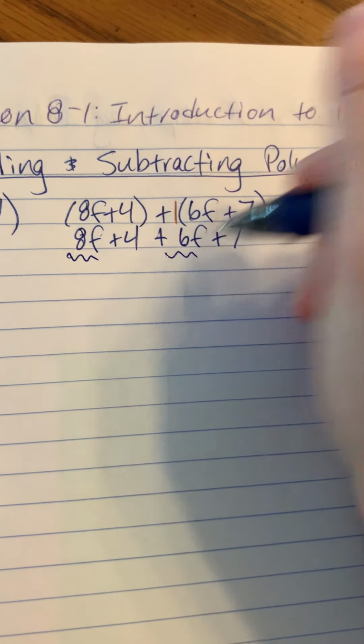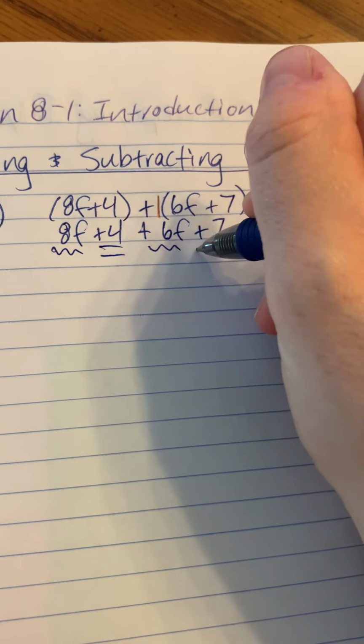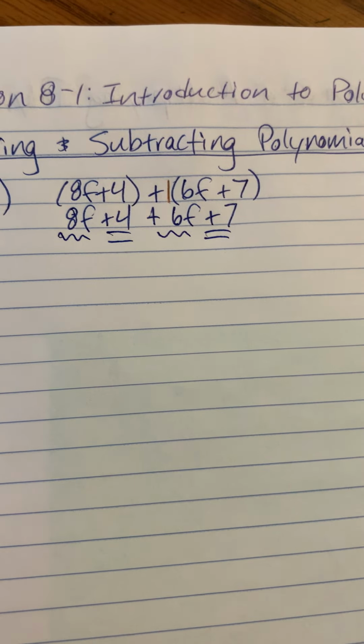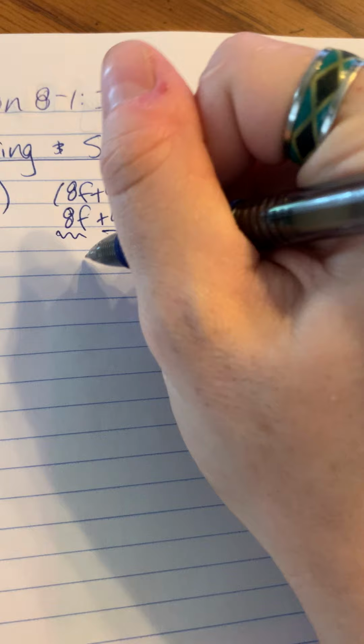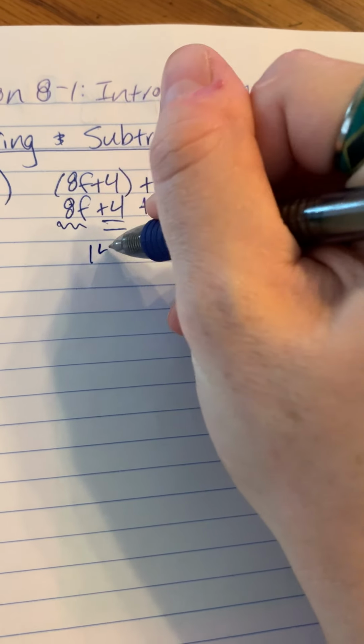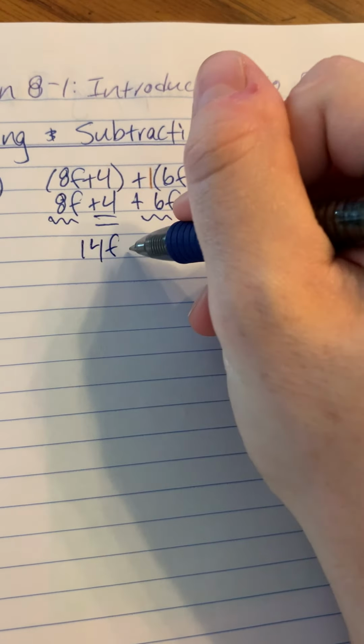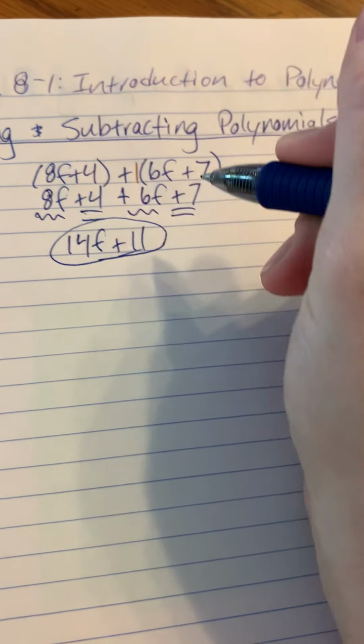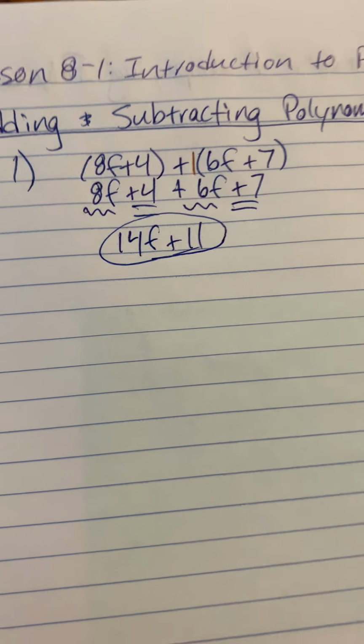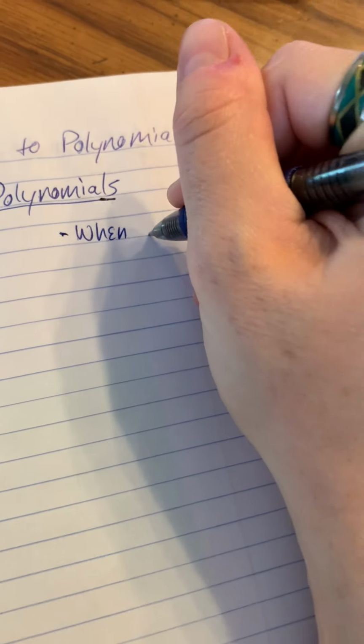And then you just combine like terms. 8f goes with 6f, and 4 goes with 7. 8 plus 6 is 14, and 4 plus 7 is 11. And that's the whole answer. I'm going to write a note for you over here to the side.